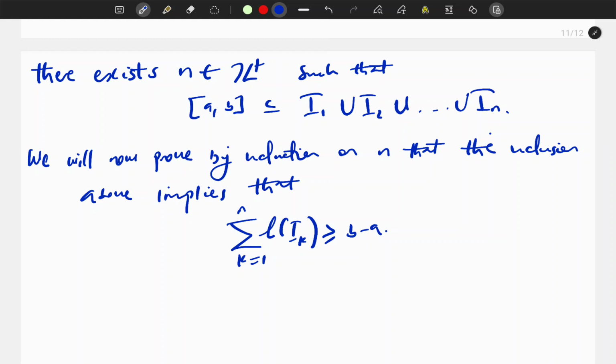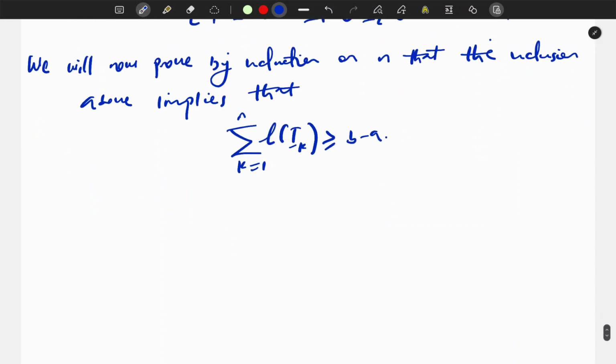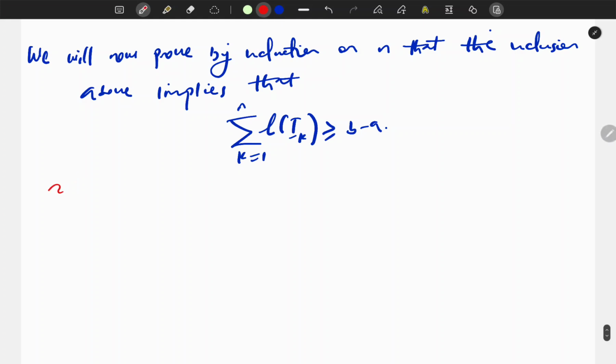Once we are able to do that, then we are done with the proof. So let's check for the base case. For the base case, when n equals 1.